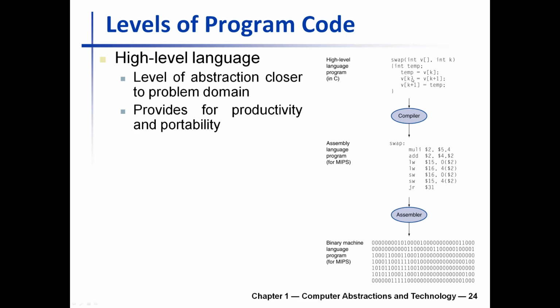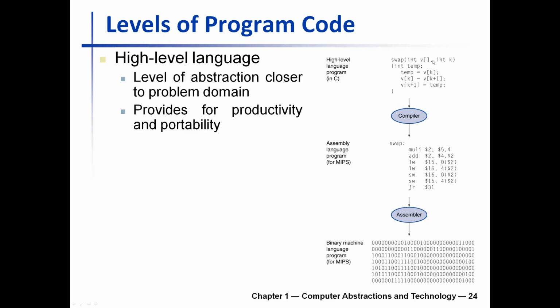Yeah, so in this example here, we have a function to swap two values in an array, right? The array is pointed to by this v pointer. It's the pointer at the start of the array. Then we have another input to the function called k, that is the position from which we need to do the swap. So what do we do in this little function here? We have a temporary variable, an integer.